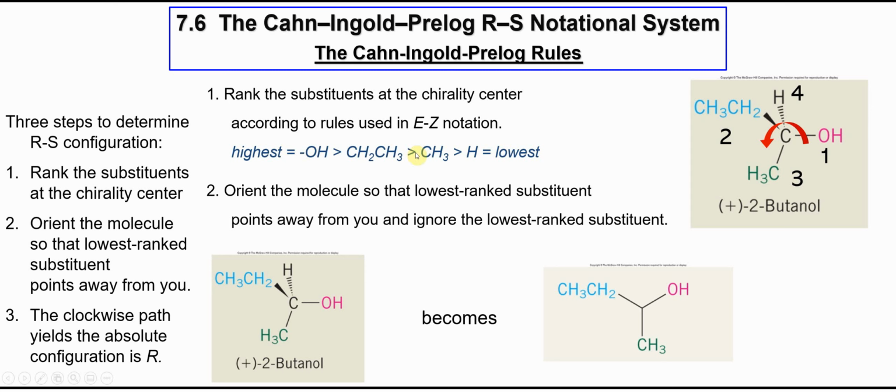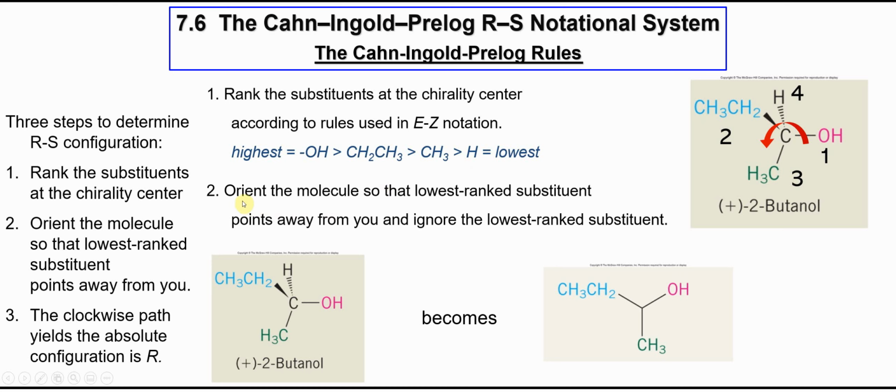Your alkyl groups and your halide groups are essentially identical to each other, but you use the different atomic number or different size to determine the configurations. If your chiral carbon is connected to another carbon and then to more carbons, you figure out the first point of difference, and then you rank the priorities.